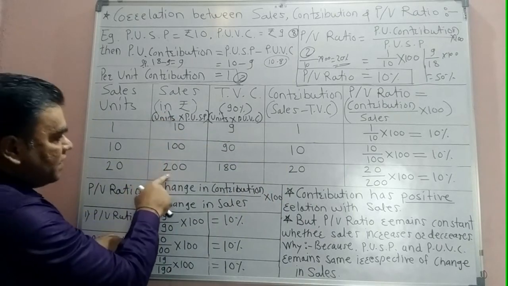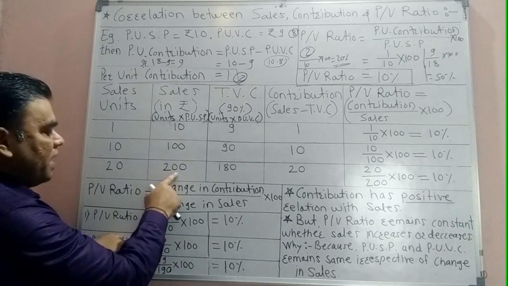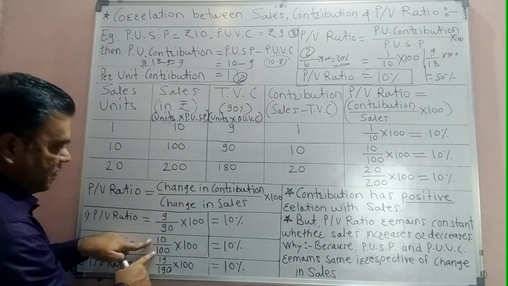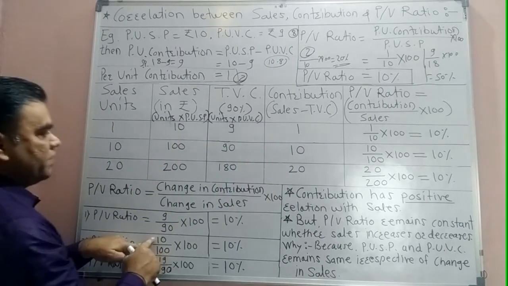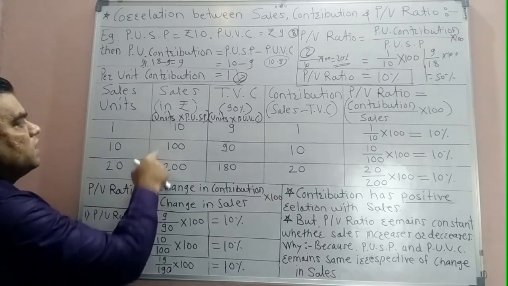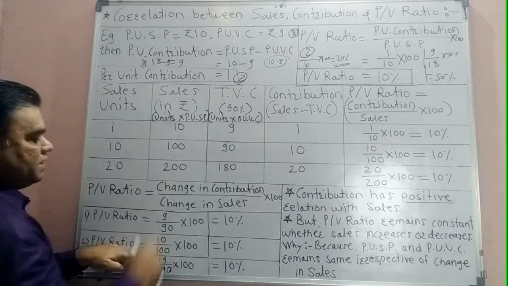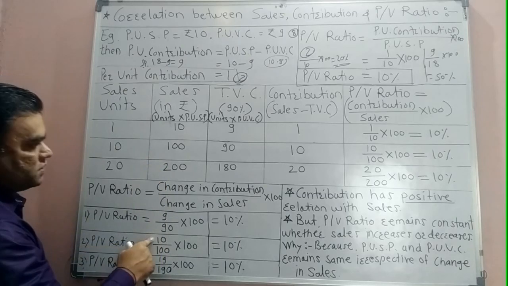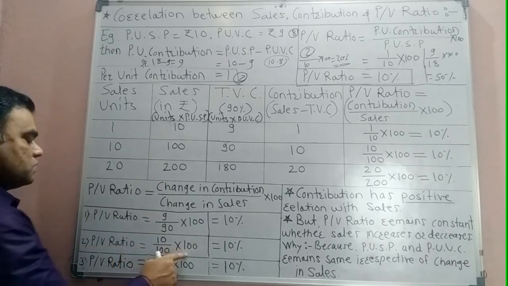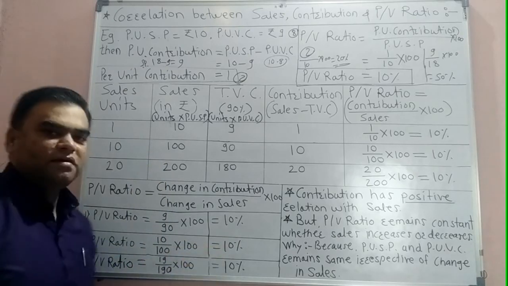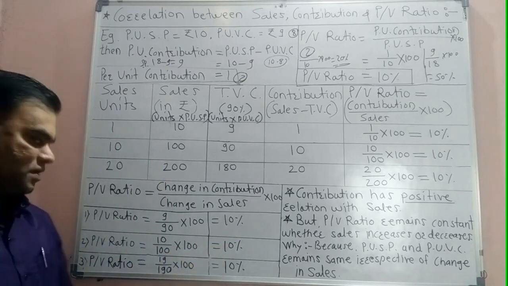So it is increased by 100 or changed by 100. That's why we have taken 100. 10 change in contribution upon change in sales 100 into 100. So PV ratio is now same 10%.